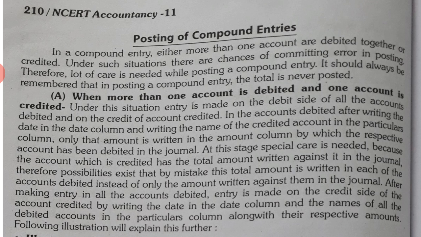In this case, the entry which is made on the debit side of all the accounts debited and on the credit of the account credited. So it is writing after date in date column and writing the name of credited account in the particulars column.